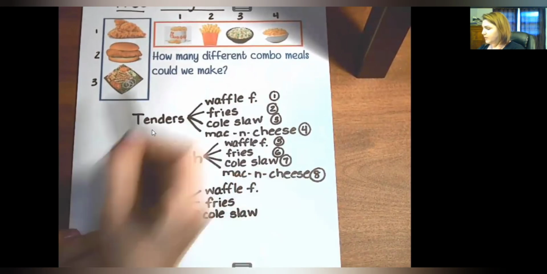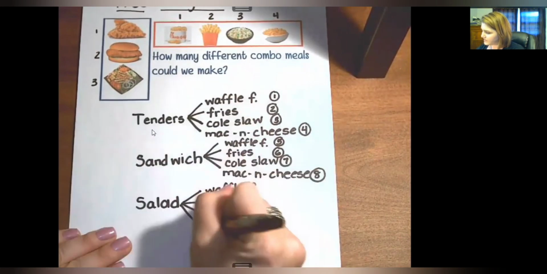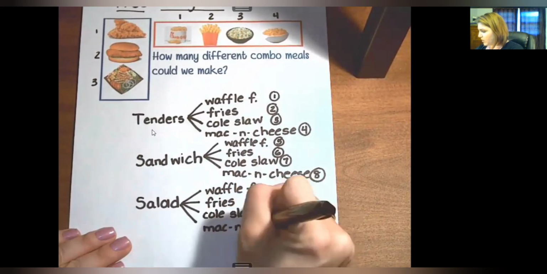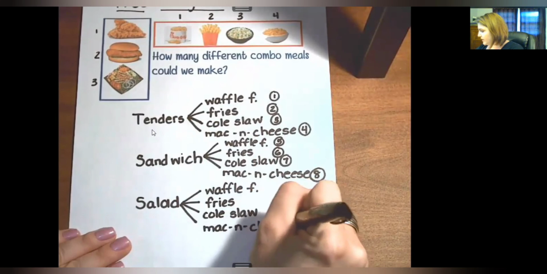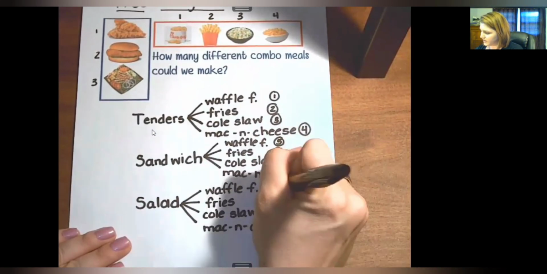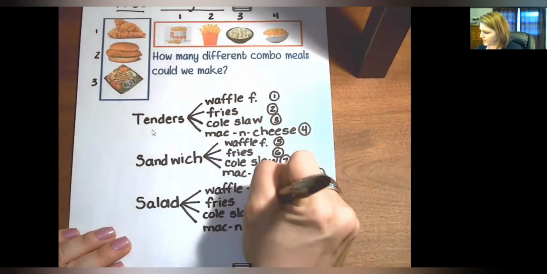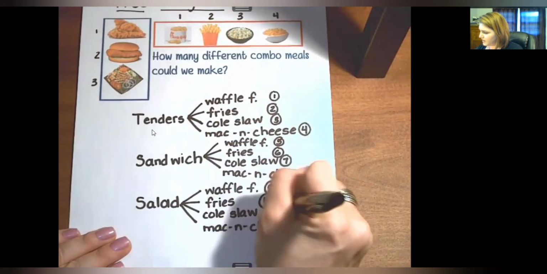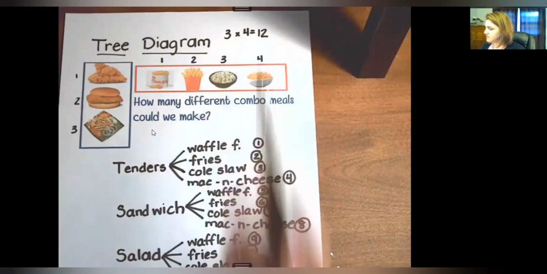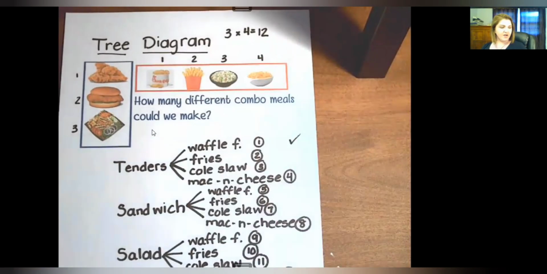And the last combination I could make would be a salad and mac and cheese. So when we worked with our sandwich, we had 8 combinations. If I add these on, it's 9, 10, 11, and 12. So did we get our 12 combinations? Yes, we did. Very good.